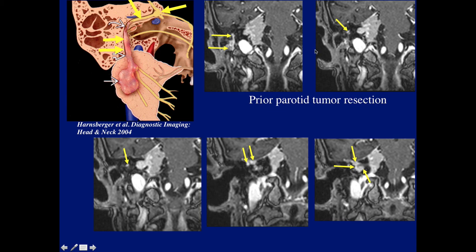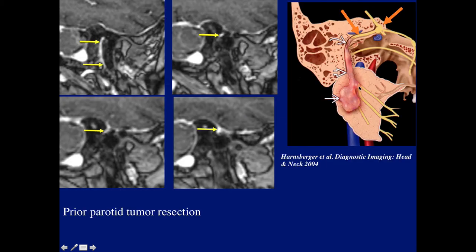As you follow, slice by slice, a little bit of enhancement at the genu. Further enhancement here, and here's the enhancement of the geniculate ganglion, even a little bit of labyrinthine, and then it enters the IAC. So all this massive tumor in the cerebellopontine angle and IAC is perineural spread several years later from this lesion which was in the parotid. So this is in the coronal plane.